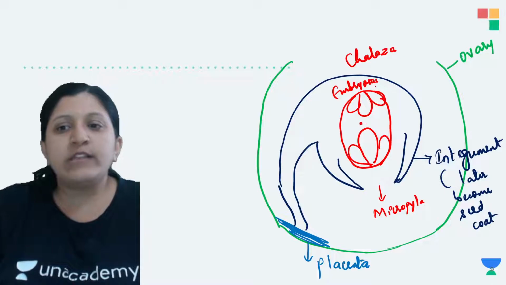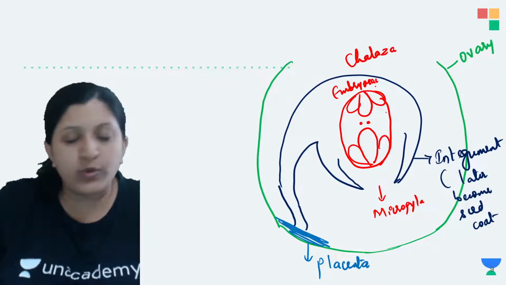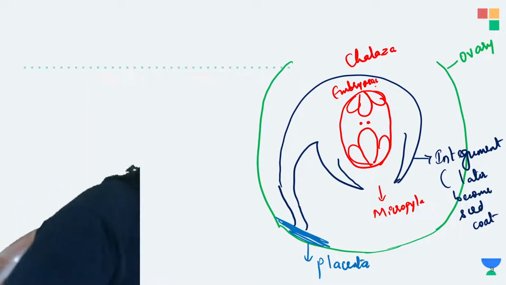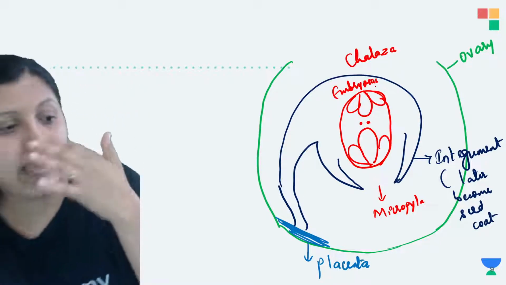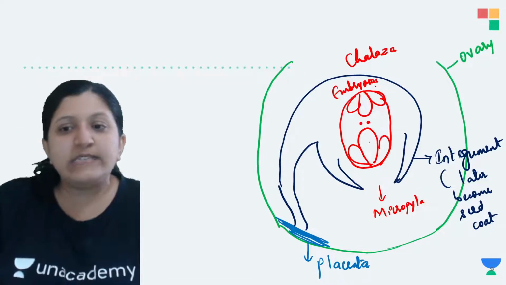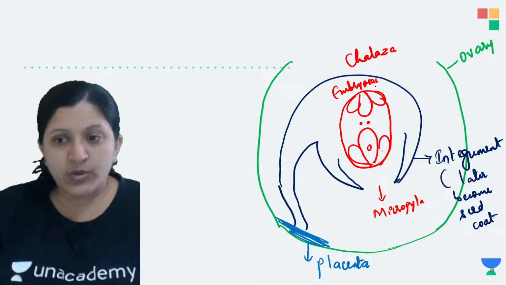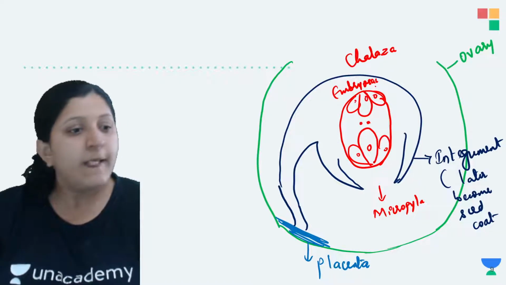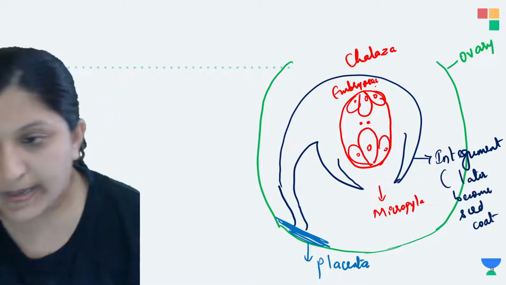In the center you will find the polar nuclei. Each of these has its own nucleus. So here also you can find a nucleus, here also there is a nucleus. So this is now the polar nuclei.